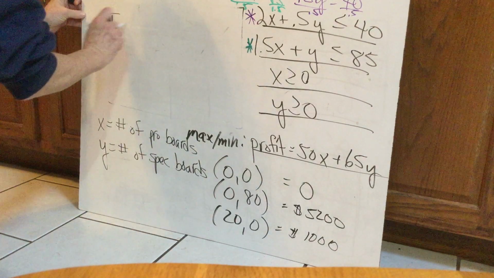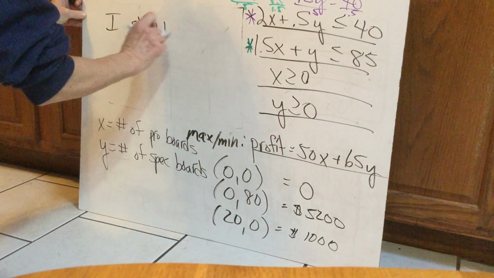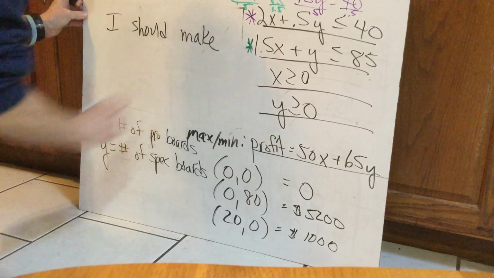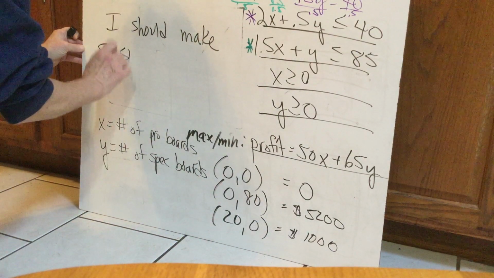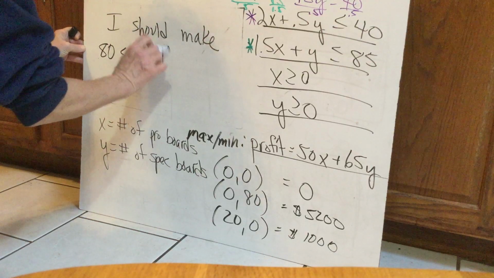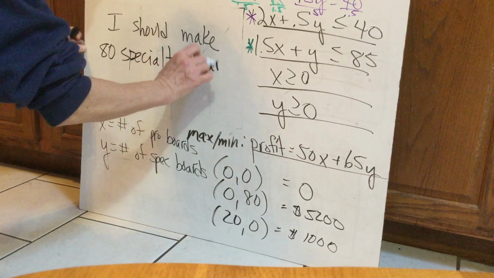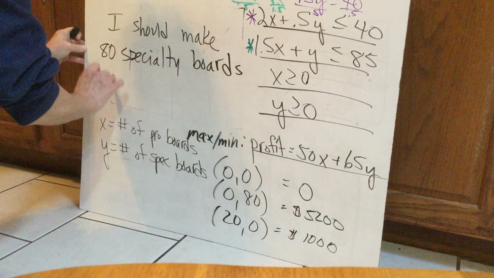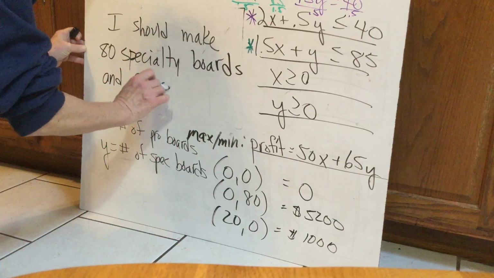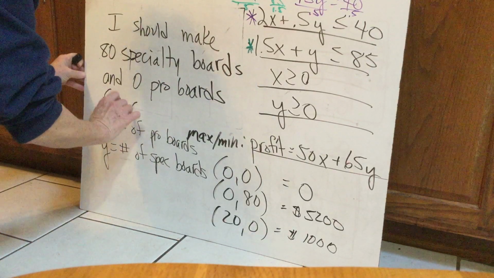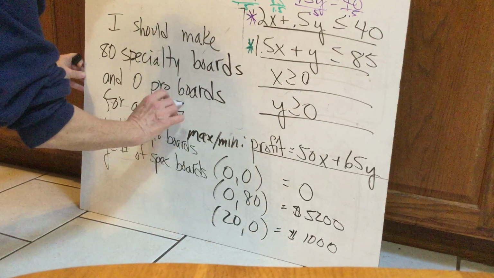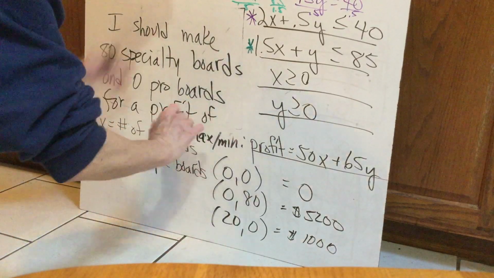I should make 80 specialty boards and no pro boards for a profit of $5,200.